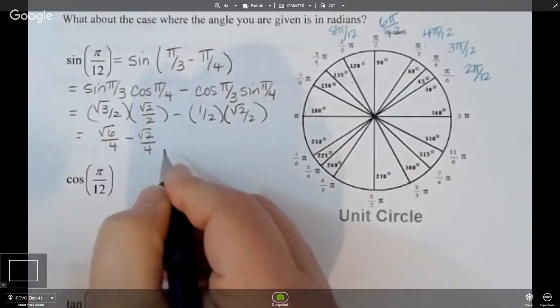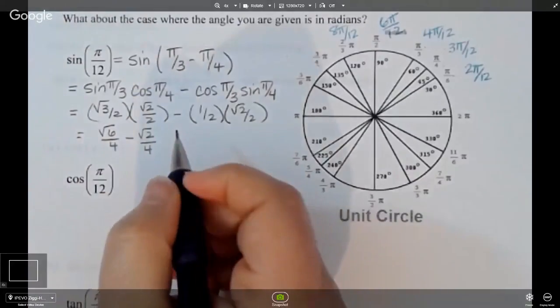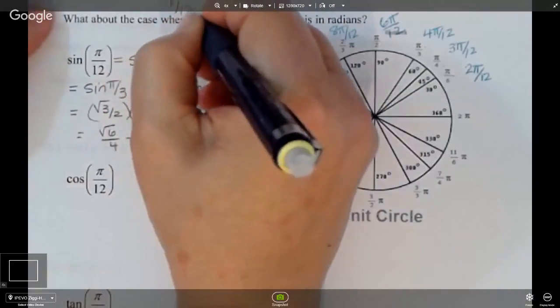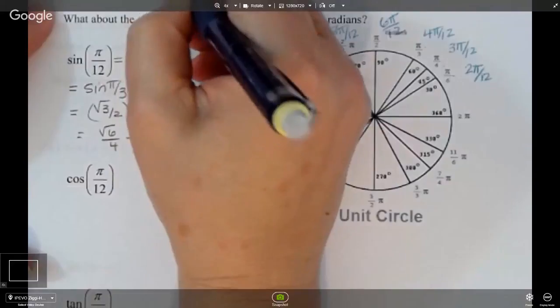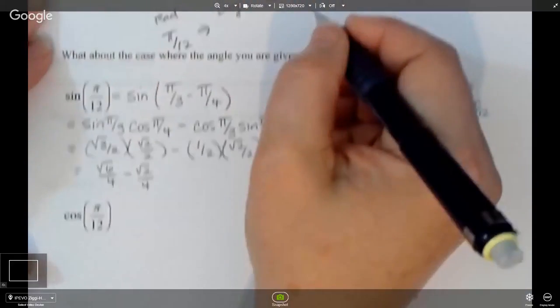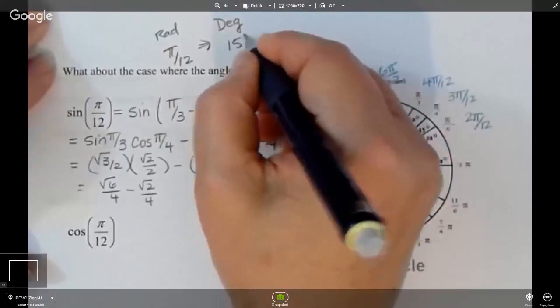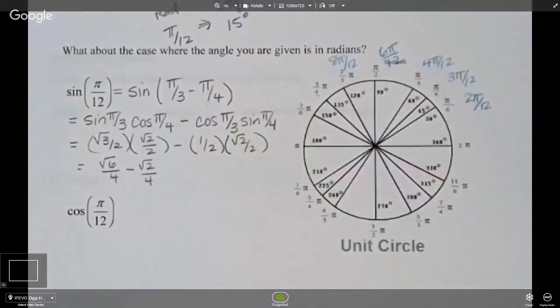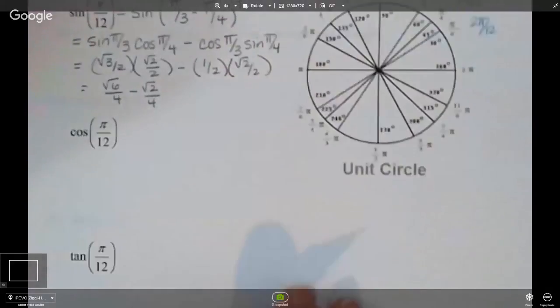Now this number looks very familiar. Well, believe it or not, pi over 12 is radians. In degrees, this is 15 degrees, which happens to be complementary to 75 degrees, which means that the sine and the cosine values will be interchangeable.